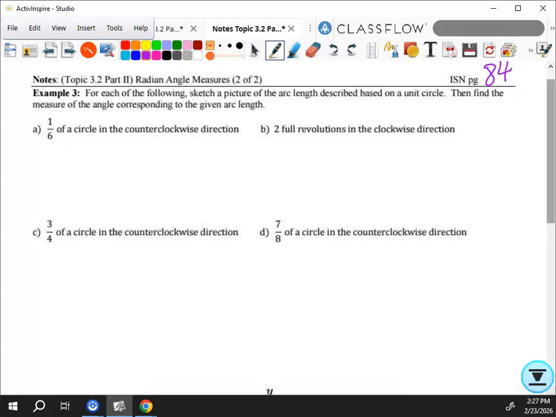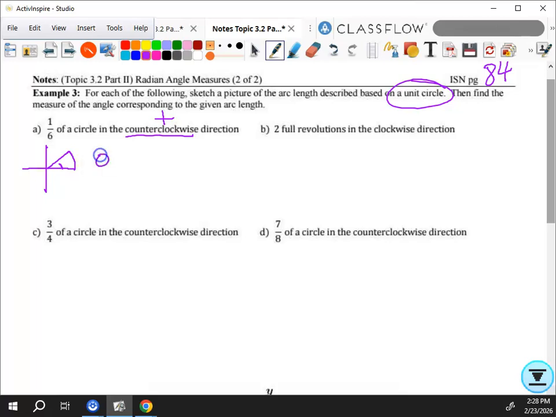All right, so a sixth of the circle. Well, we know that this would be a fourth. Is a sixth more or less than a fourth? Less. Okay, so we'll just say it's about right there. Like we don't know for sure, and that's okay. And we're going in a counterclockwise direction. That means my answer is positive. Okay. And since we are talking about the unit circle, the circumference of a unit circle is 2 pi because it takes 2 pi radians to get around that.